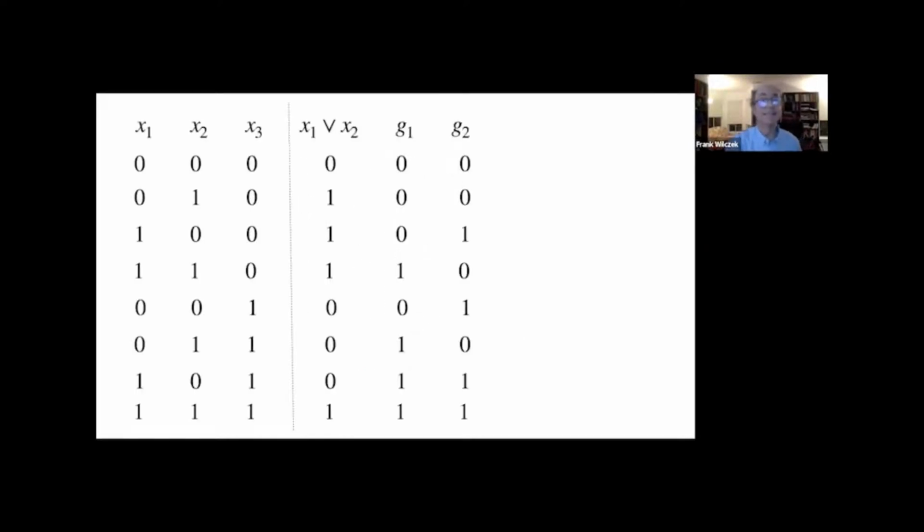Okay, so here's the thing. You start with your x1 and x2 and add another thing, x3. And when x3 is 0, you just have the OR you had before. You want to preserve that because you want to be doing the OR computation.